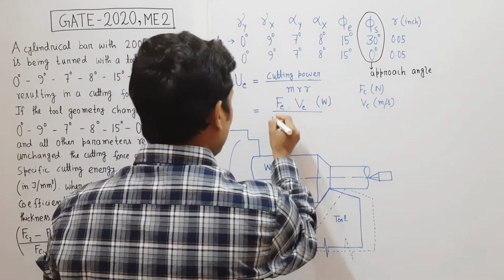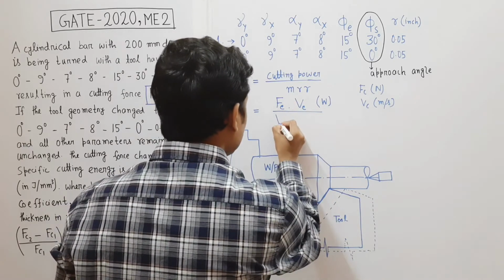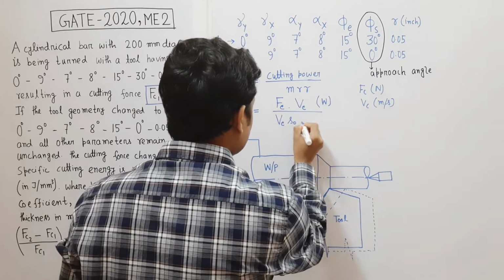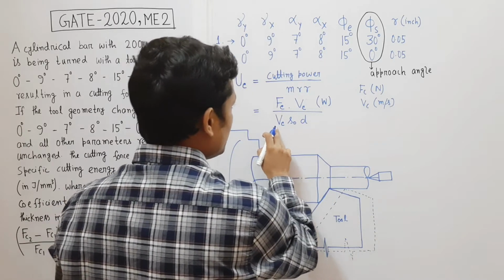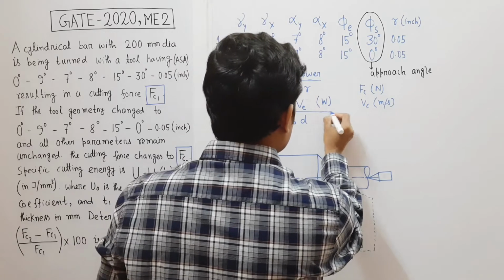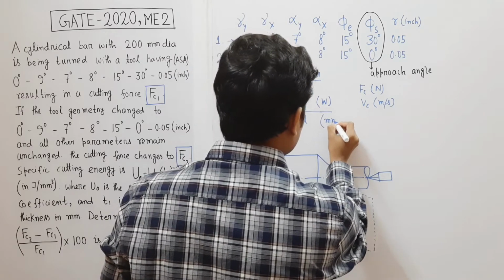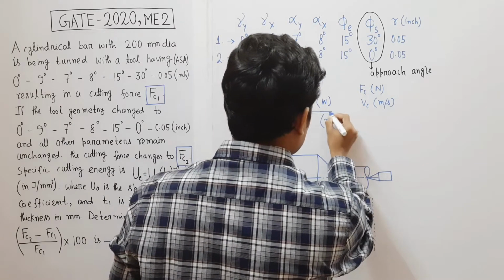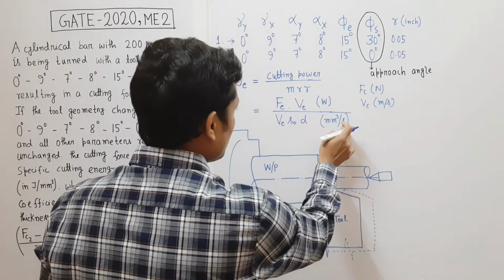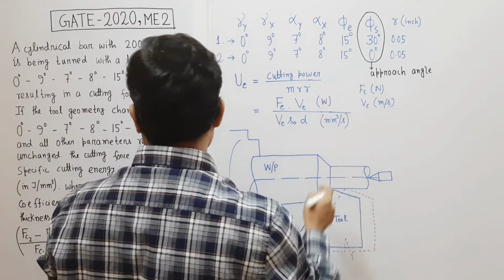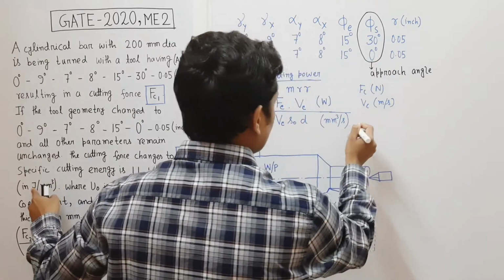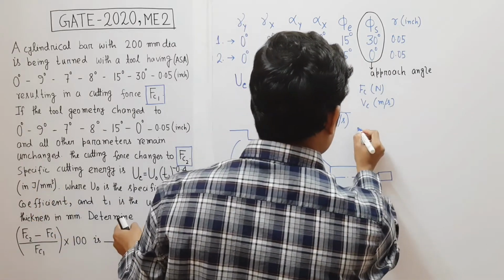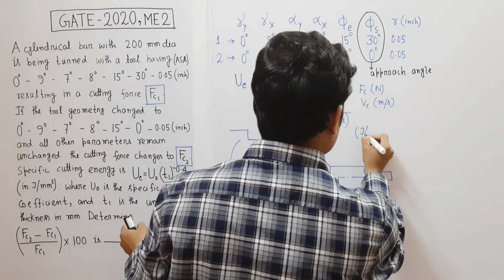Then what is material removal rate? That is VC S0 into D. But material removal rate we will take in millimeter cube per second. Then watt into second will be joule.